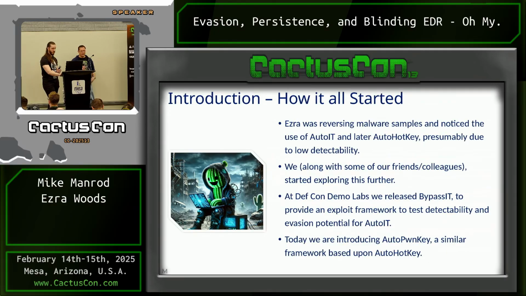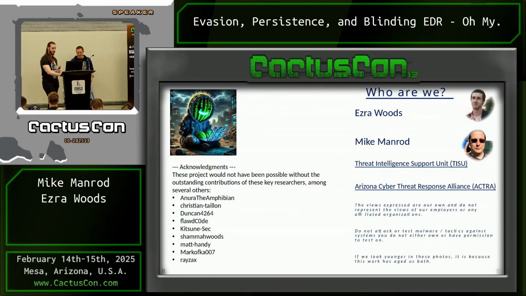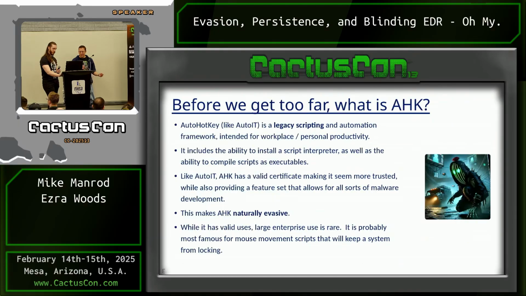Along with some friends and colleagues, several people here, obviously all the people listed on the acknowledgements slide and more, contributed modules and functionality to Bypass It. Most of those modules have been ported over to AutoPwnKey, the framework we're introducing today, so special thanks on that.